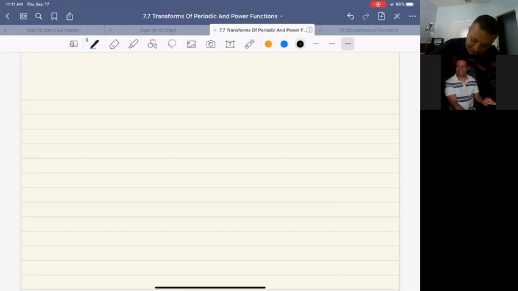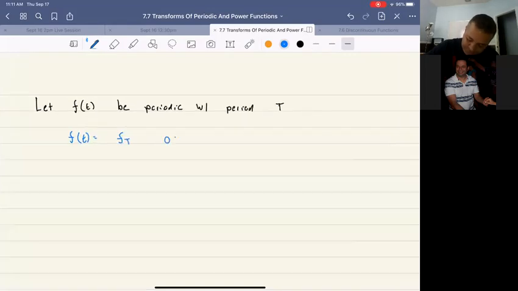Let's say you have, let f of t be periodic with period T. One of the ways the book likes to write it is they say we have f of t equals f sub T of t for 0 less than t less than T, and then periodic. That's the information they like to give you. So I want to talk about how we could write that out formally, okay?